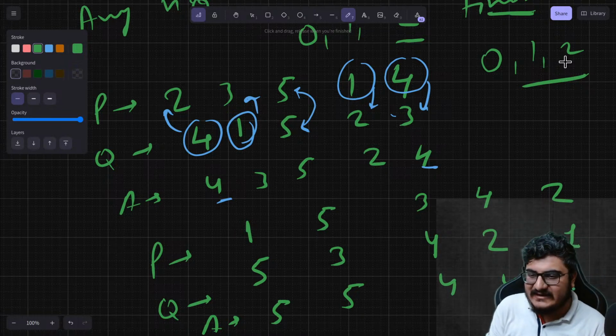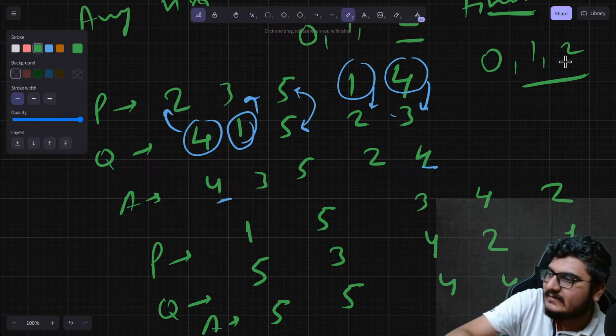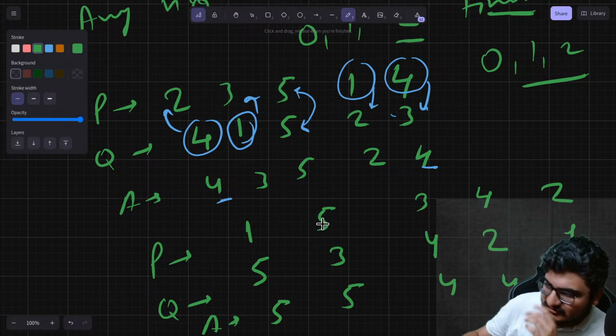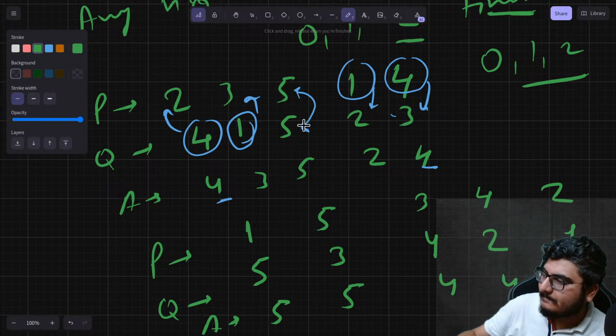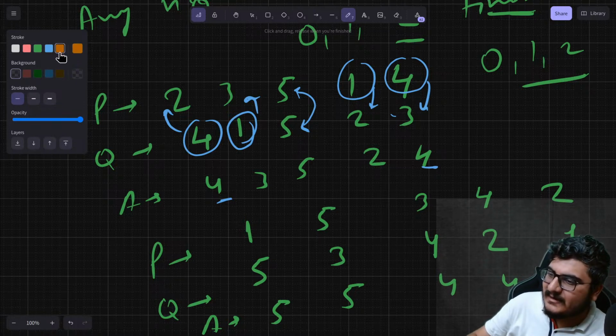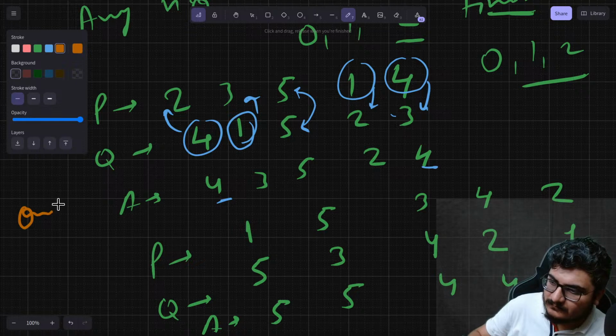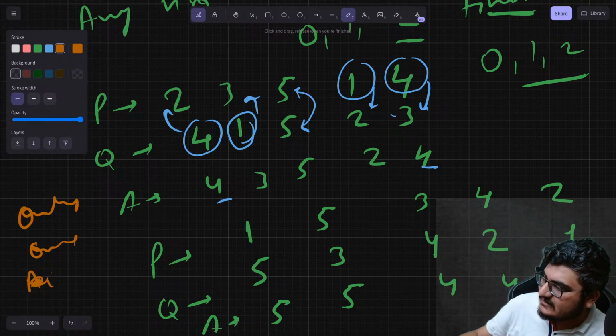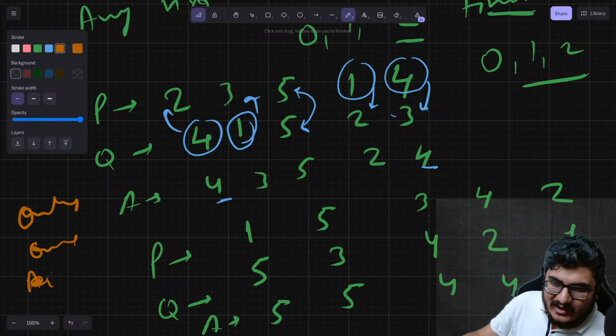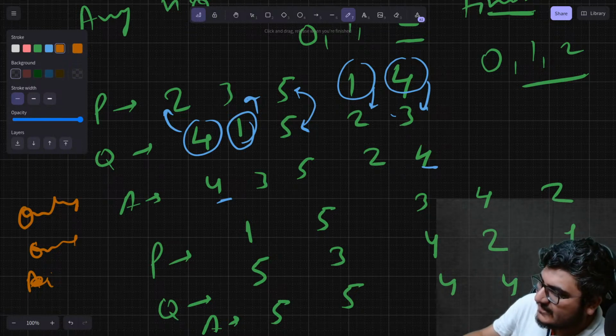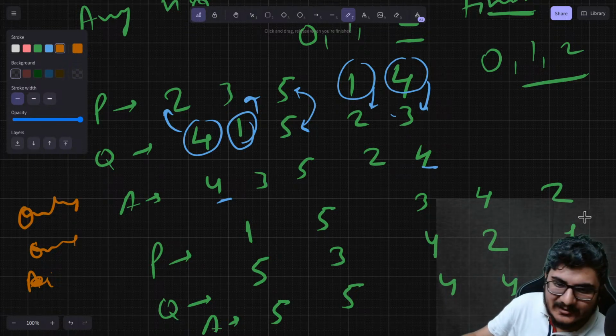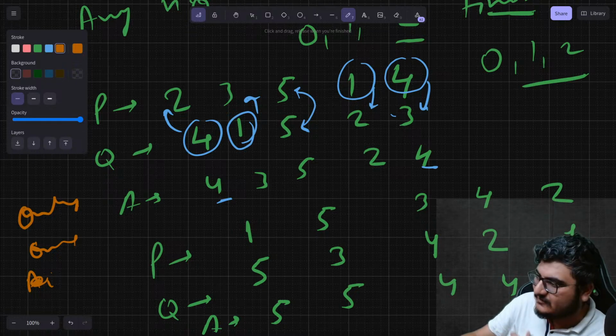Now my idea is, let's try to simplify this. I would say a number appears only once if it is the same both times. Like in A, if 2 has appeared only once, I will only create permutations here. A number should appear only once if both times it was paired with the same number.